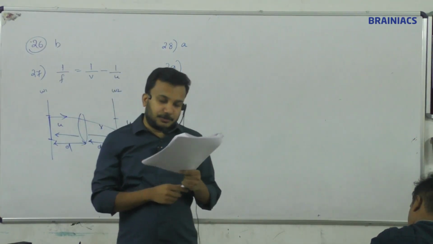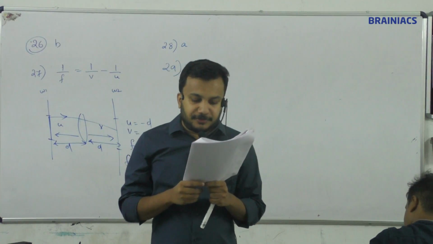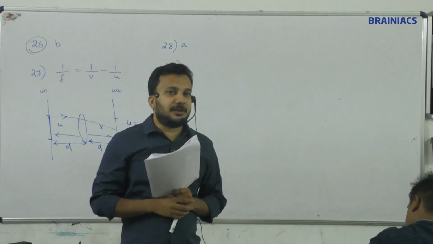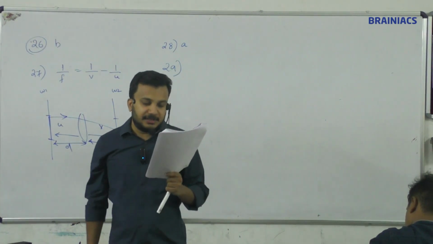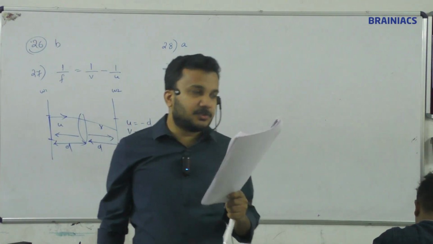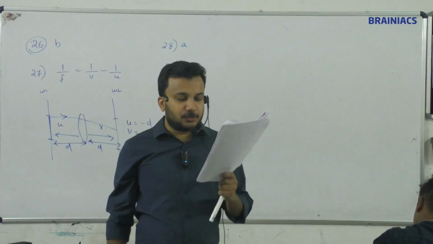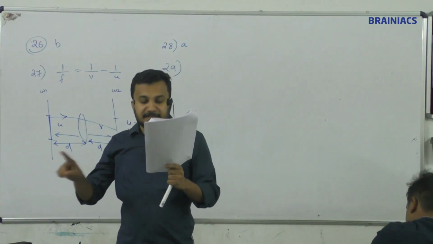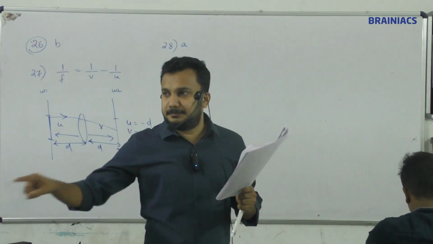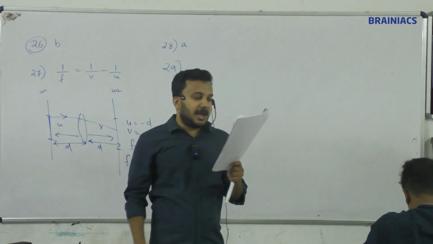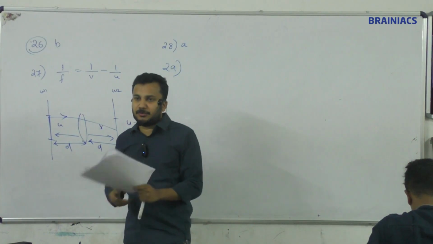This is a straightforward question. Equilateral prism means the angle of prism A is equal to 60 degrees. The angle of incidence is equal to the angle of emergence, so I is equal to E is equal to 3/4 of A. The angle of deviation delta has to be found out.